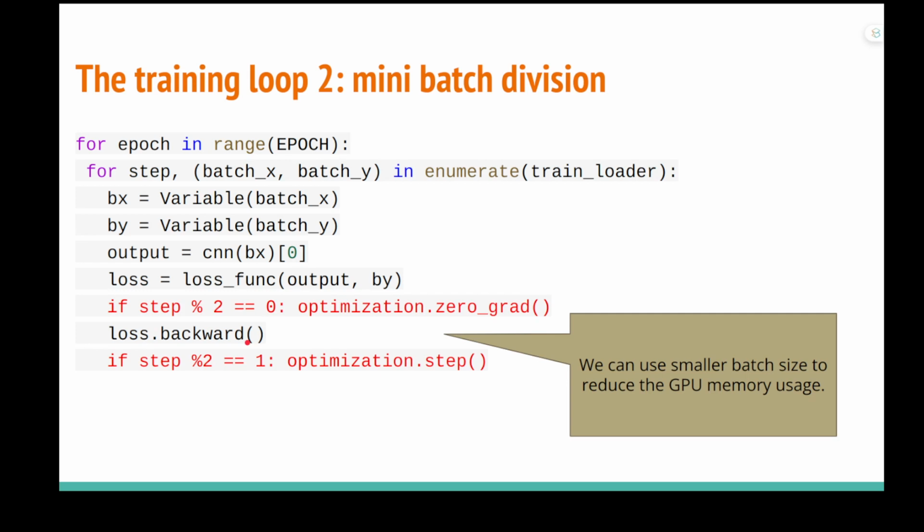So in total, for each parameter, you will have a gradient for all 32 images, the 16 in the first batch and the 16 in the second batch. Then we use the step function to update the parameters according to the entire 32 images.